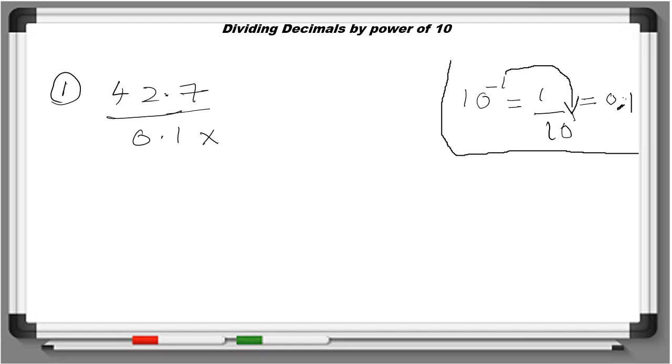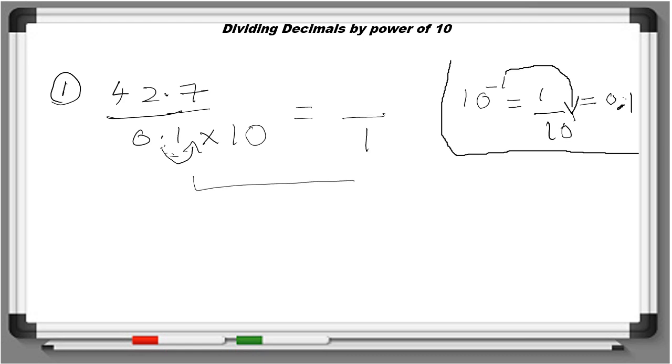Now see here. What you have to do: I want to make this 0.1 as 1. So what should I do? I should multiply by 10. When I multiply 0.1 by 10, the decimal moves one place from left to right, and this 0.1 will change to 1.